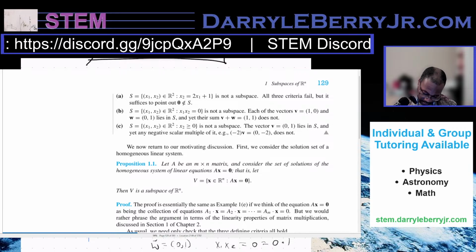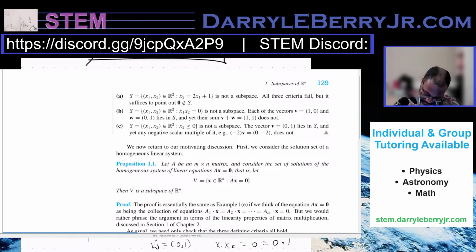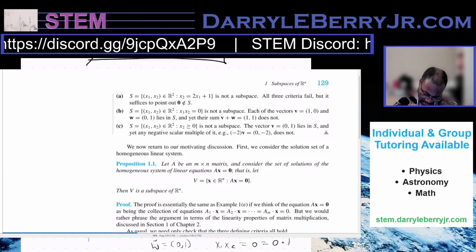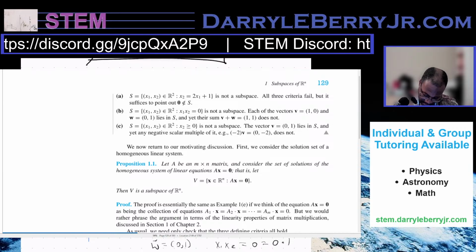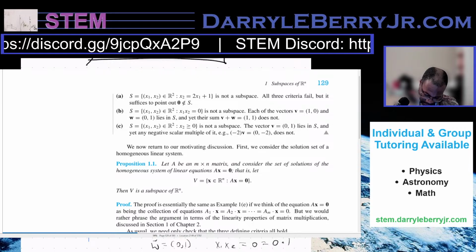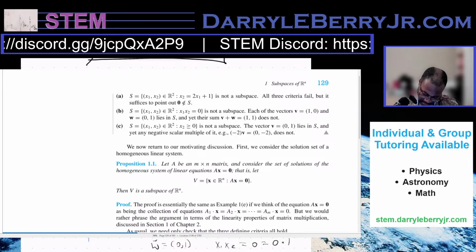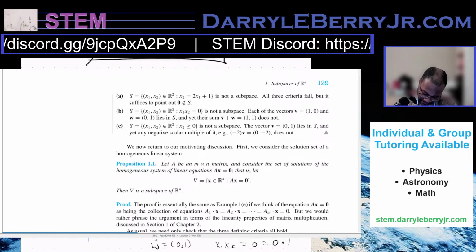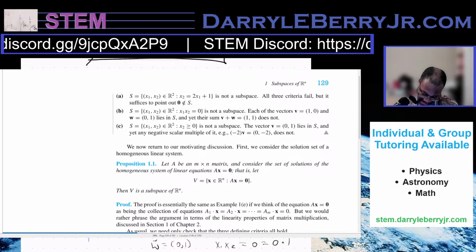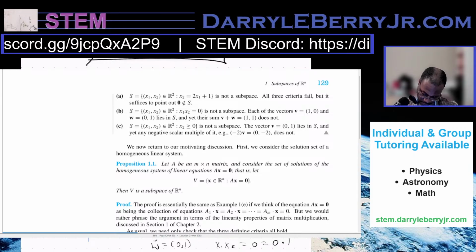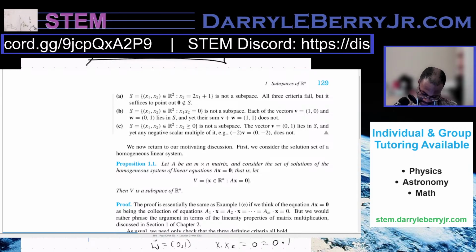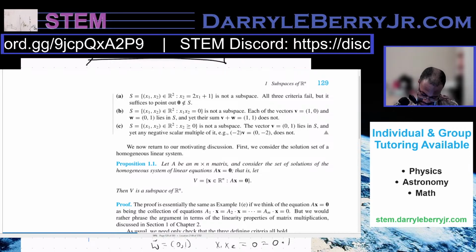Or if I make x1 equal 1 and x2 equals 5, that would have to be 5 equals 2 times 1 plus 1 equals 3.